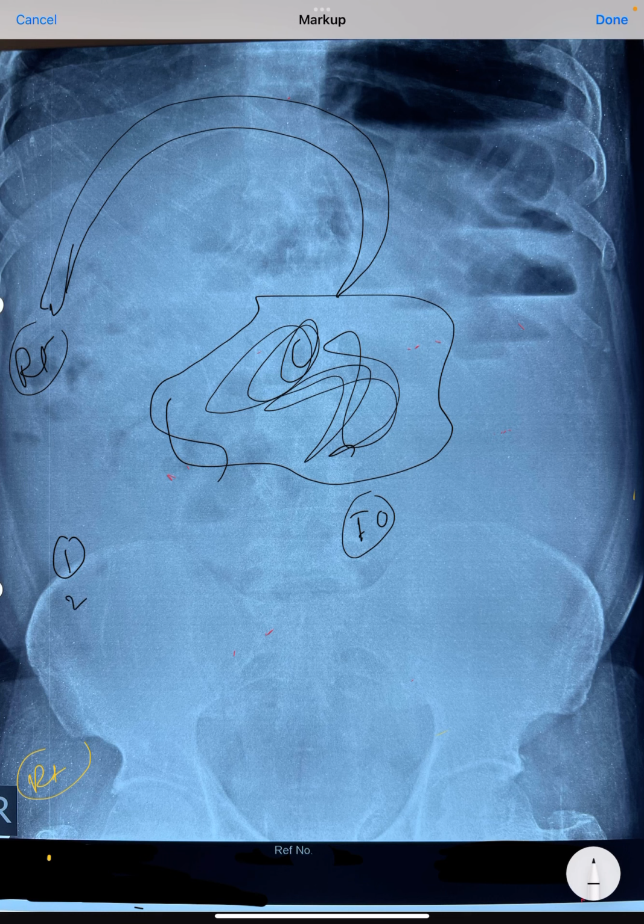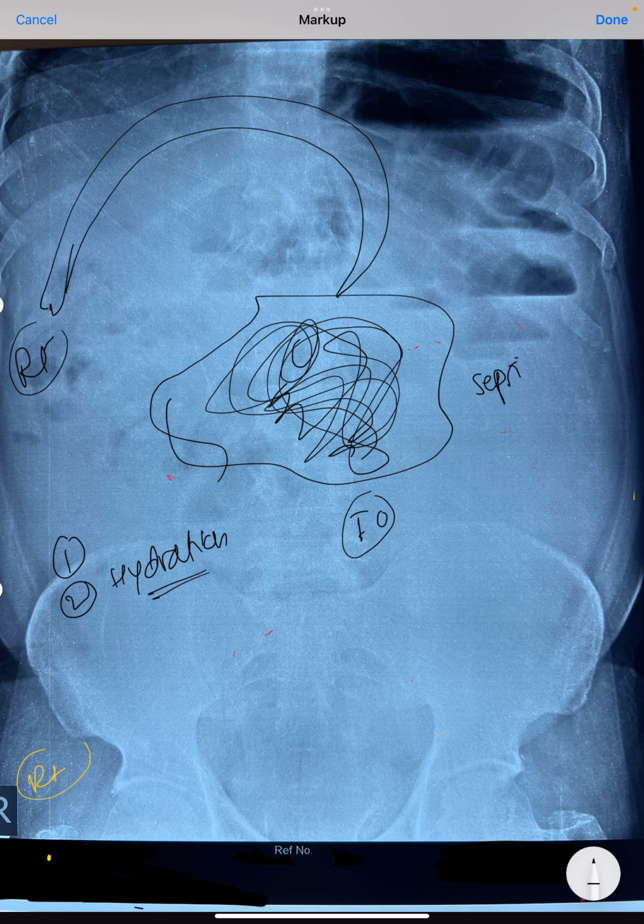The second most important thing is hydration. These patients don't have appetite and are not taking anything orally, because taking anything orally would again increase the abdominal distension, feces and water. These patients are very commonly dehydrated, and as there is a significant amount of bacteria growing very fast, they may land up in sepsis very fast.